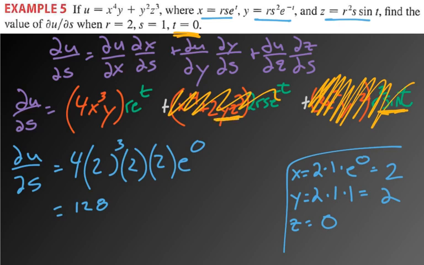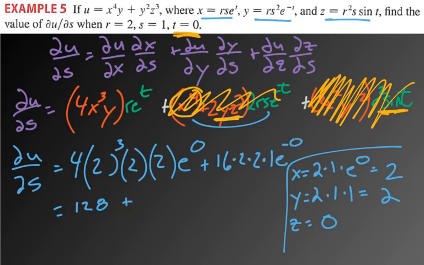But I was just looking through at this, and I kind of jumped the gun over here because this part is going to 0, but not that, right? I just overlooked the fact that there's an x to the 4th in there. So I do need to add on to this also. It's going to get distributed here, right? So I would have x is 2, so 2 to the 4th, we have a 16 times 2 times r, which is 2, times s, which is 1, and then e to the negative 0.